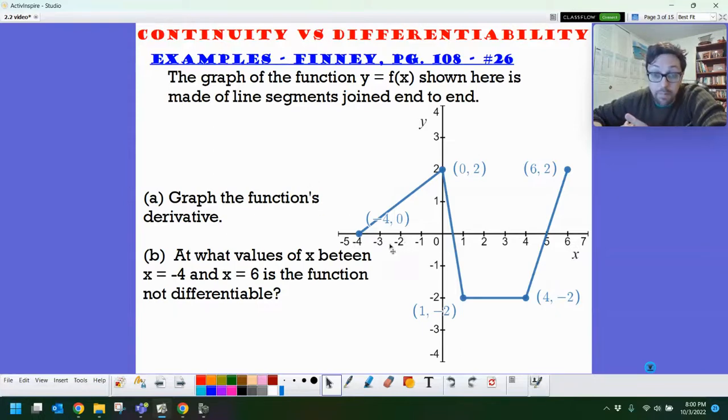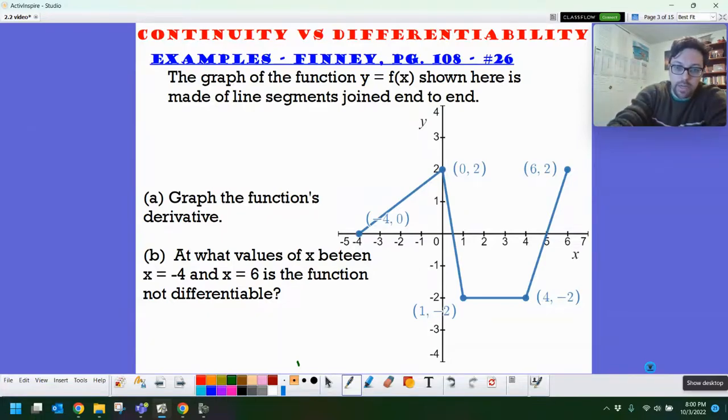So in this example, we've got a nice continuous function all the way along here. Everything's fine. We are always heading towards where our limit goes and ends up. Very continuous function. But if we take a look at its derivative, that is not necessarily true. On this piece right here, we get a slope of, let's see, that is up 2 over 4.